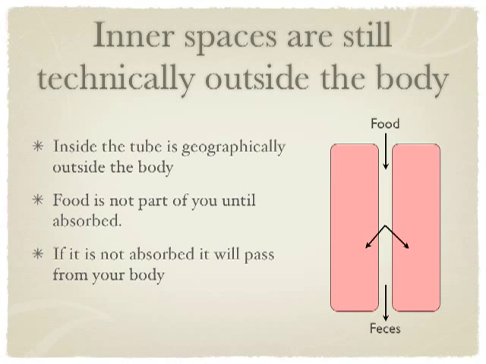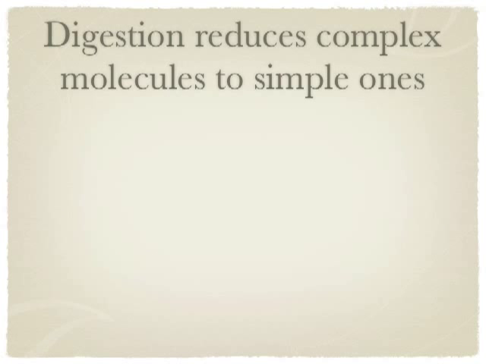So, one other principle to remember is that the inner spaces of your body, many of these are technically outside the body, and this digestive tube is that. The inside of the tube is geographically outside your body.